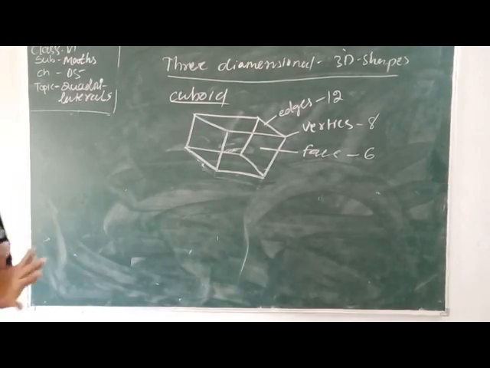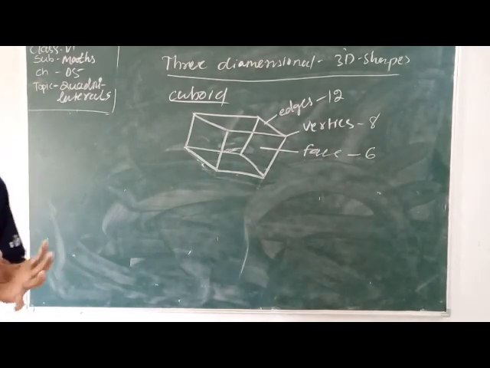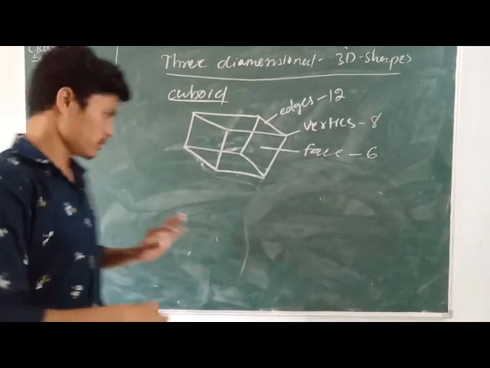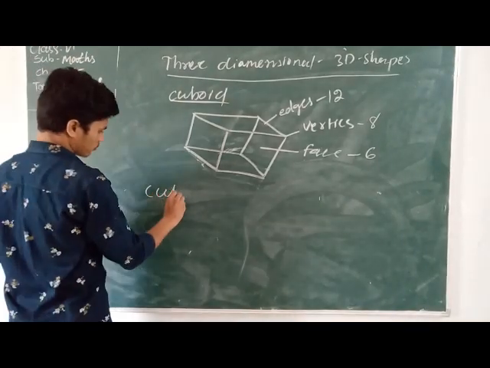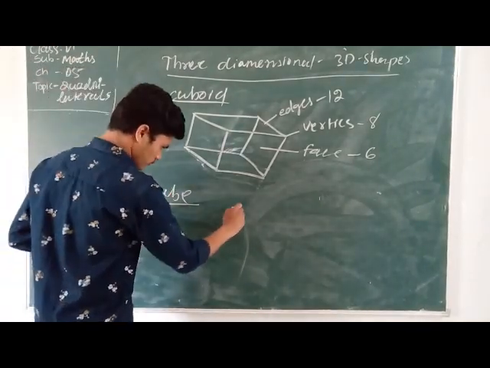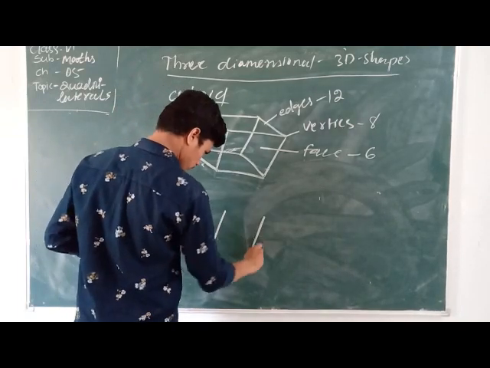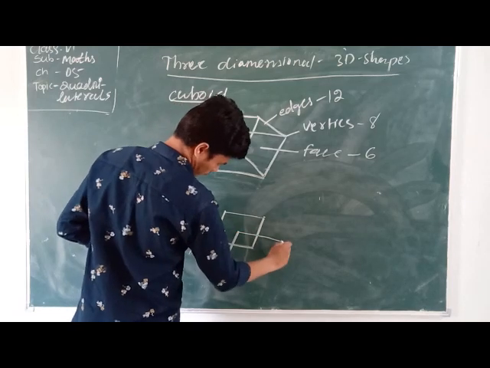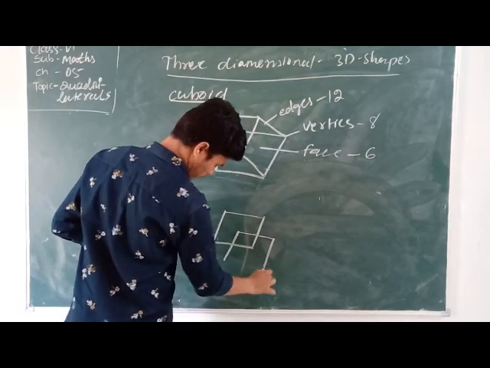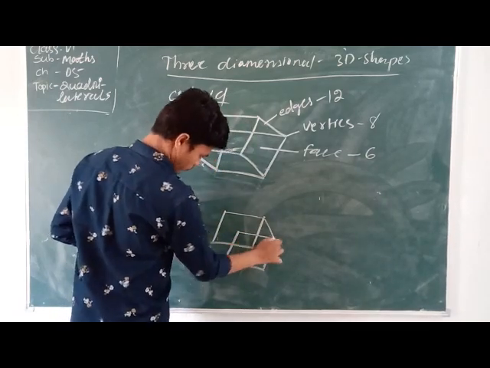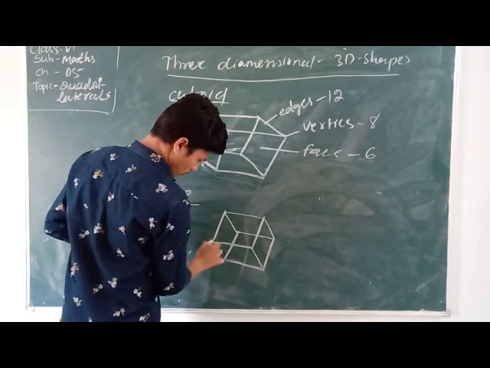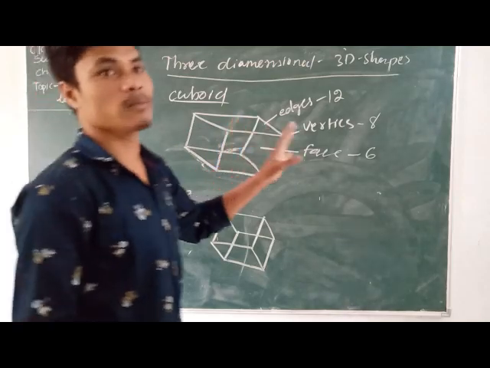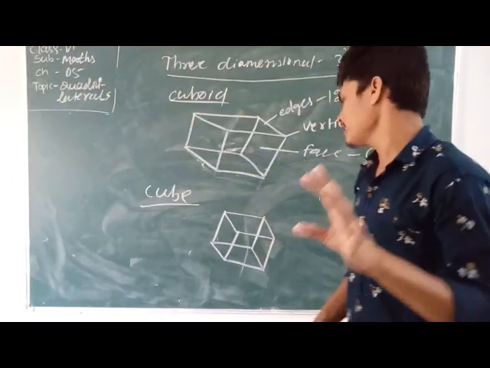Now we will discuss the cube. After the cuboid, what will come? Cube. You know the dice is an example of a cube. Here is the cube. Cube and cuboid have the same edges, the same vertices and the same faces.